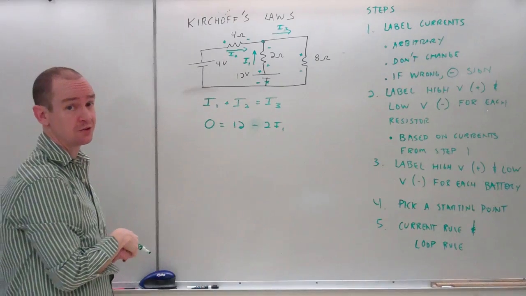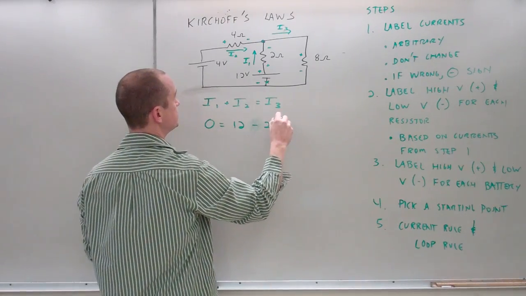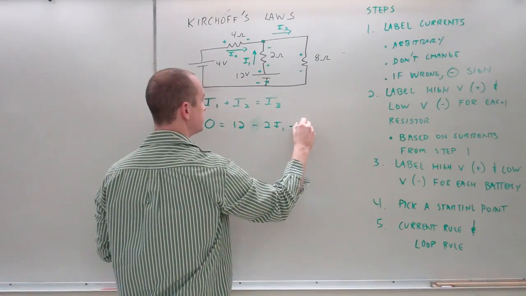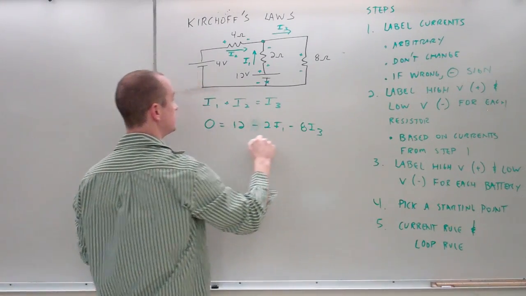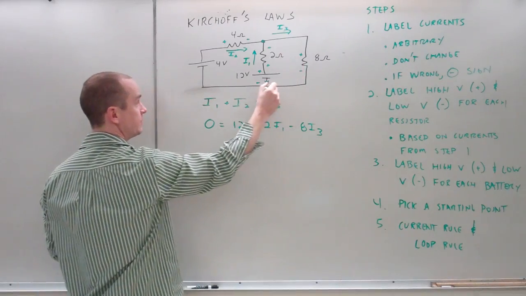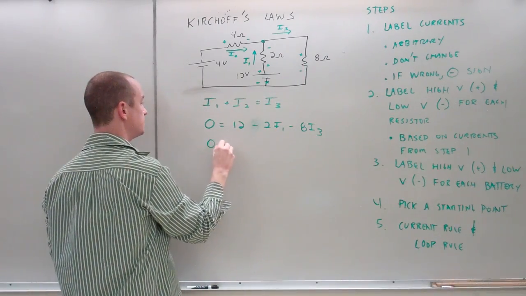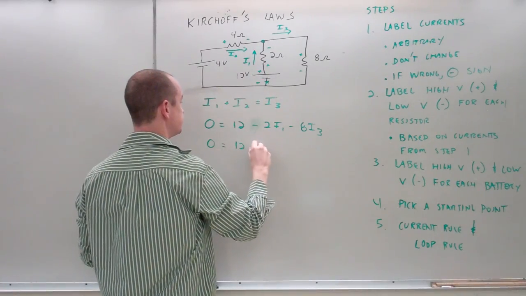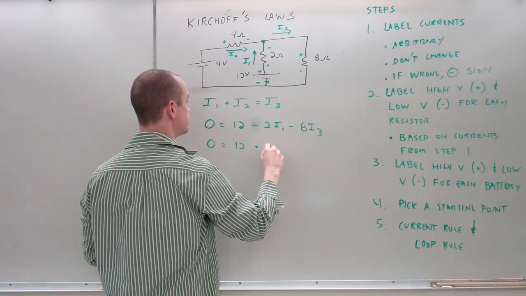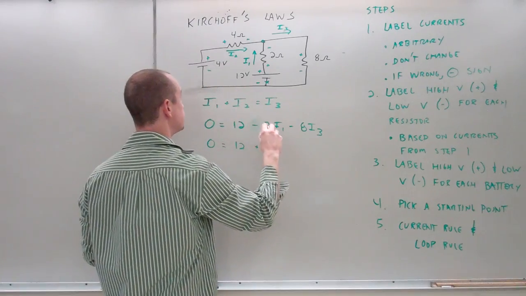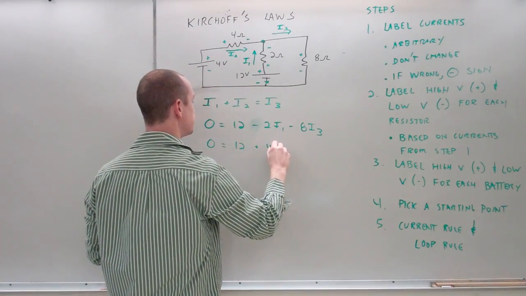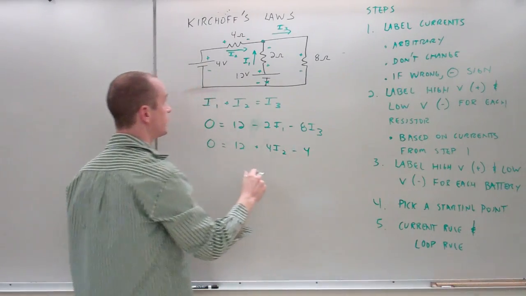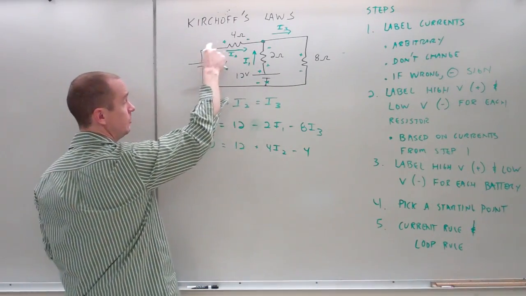Almost forgot to label my pluses and minuses. That's this loop. This one is this loop.